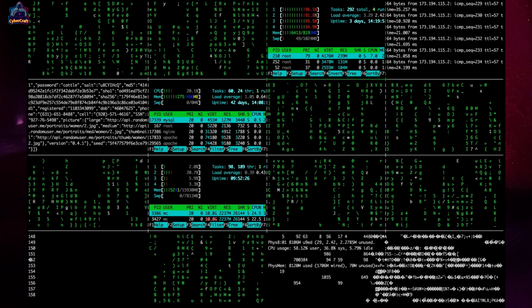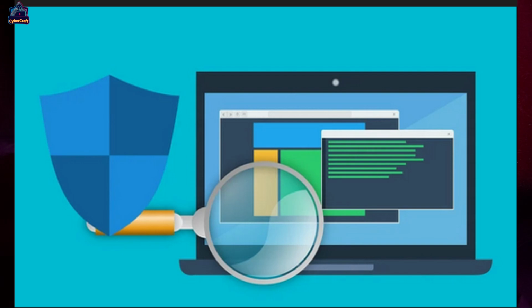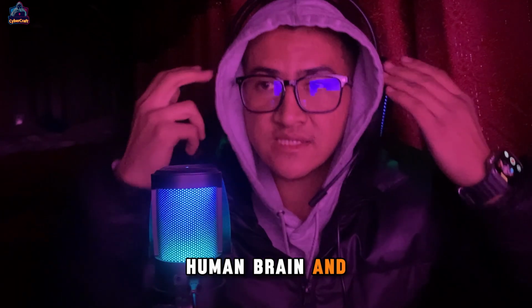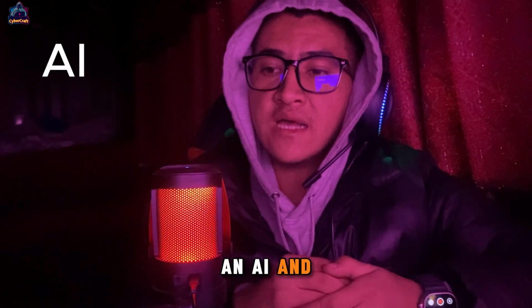It helps with web application testing, network security testing, misconfiguration detection, weak authentication checks, and AI-assisted analysis of vulnerabilities. Think of it as a security scanner, a human brain, and an AI.